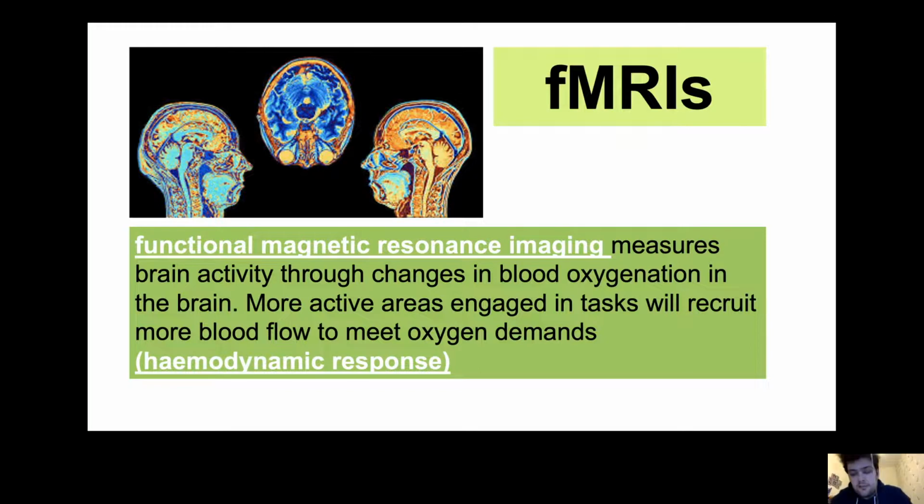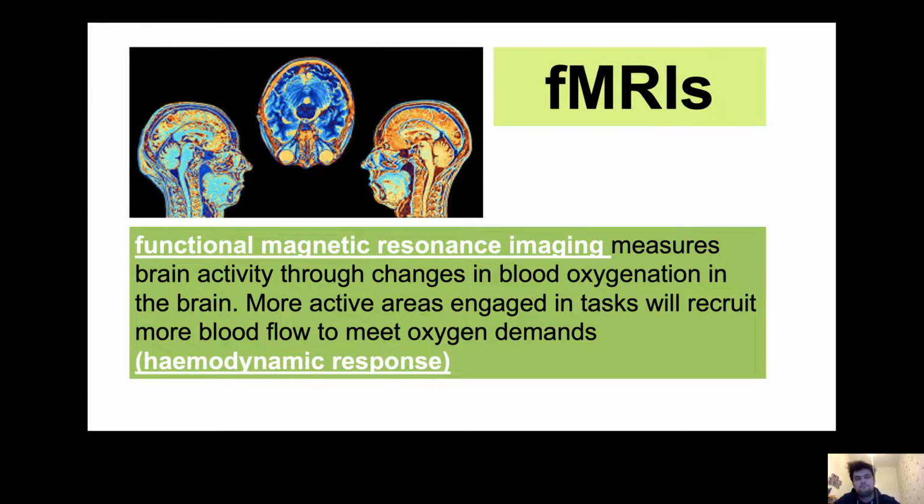fMRIs measure brain activity through changes in blood oxygenation in the brain. So when the brain is active, those areas of the brain that are being used will demand more oxygen. And because they demand more oxygen to work, they need more energy. That requires greater blood flow to that region of the brain.